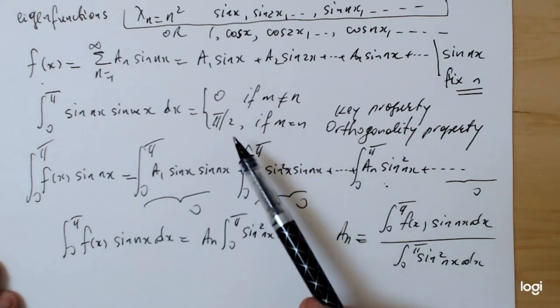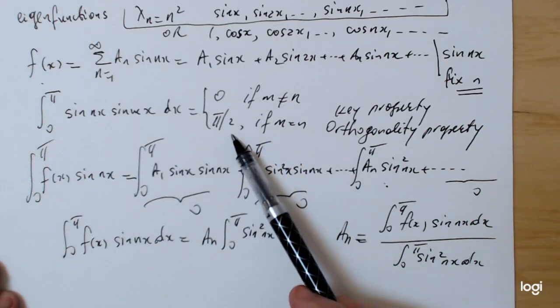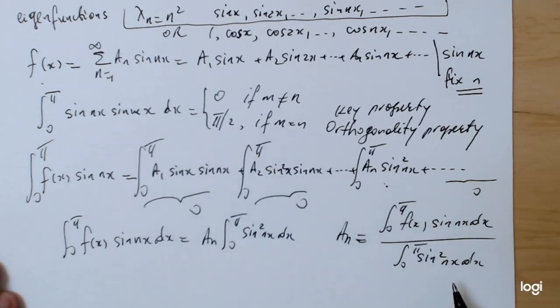And if they're the same, the integral should be non-zero. That's also needed because notice when I solve for that coefficient a_n, that integral, when they're equal, appears at the bottom of the fraction. So why do I say this?